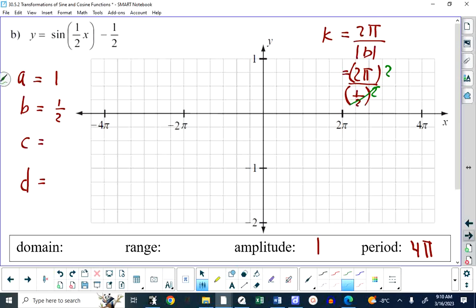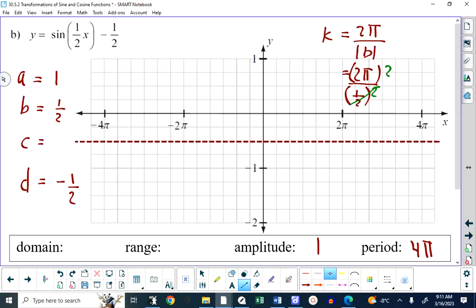D is negative 1/2. Well, that simply means that the middle of the graph is at negative 1/2, right? That's what it means. And by the way, C is 0. And I'm leaving C out of it because as soon as C makes its appearance, things get complicated, okay?